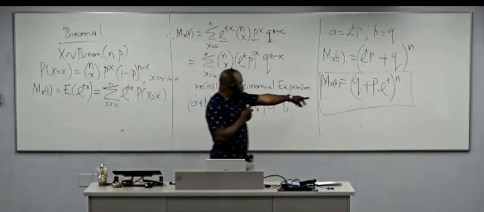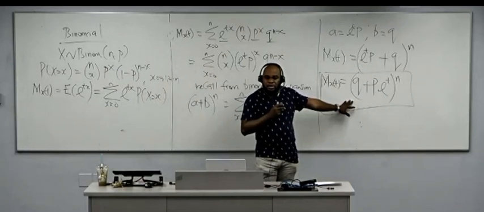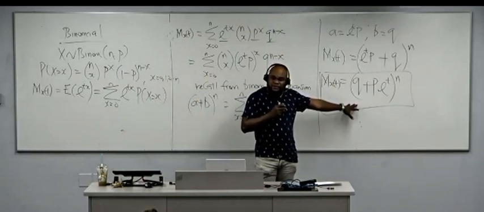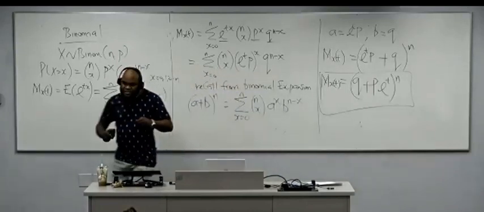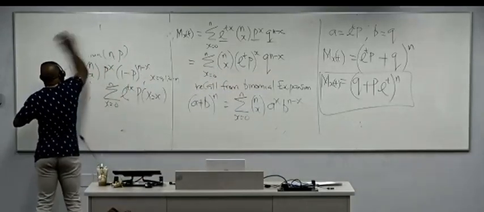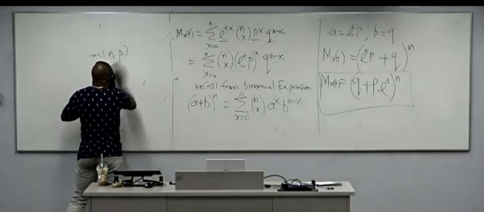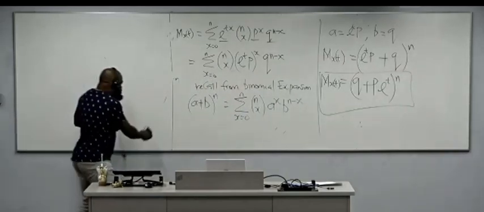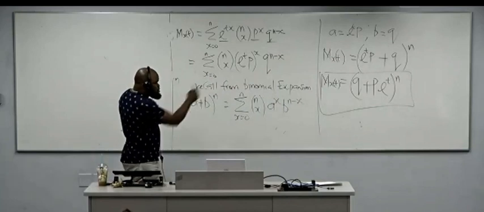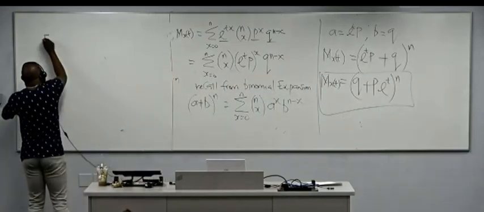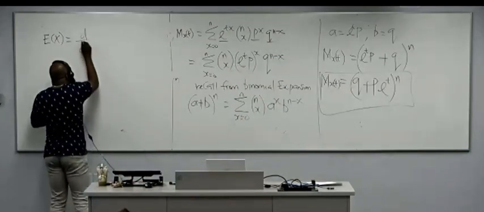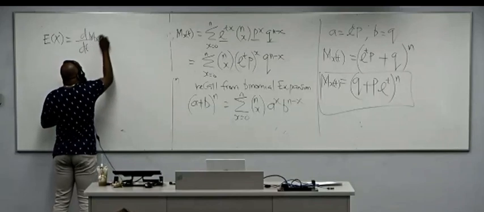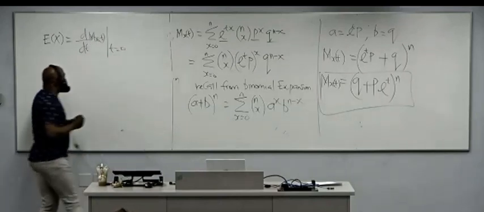Now, if this is a moment generating function of binomial, can we use it to derive the mean and variance? Let's see. We can do that. We want to derive the mean and variance from that. I will need to do the first derivative, because the mean, the expected value of x, in terms of the moment generating function, is d/dt M_X(t) with t set equal to 0.